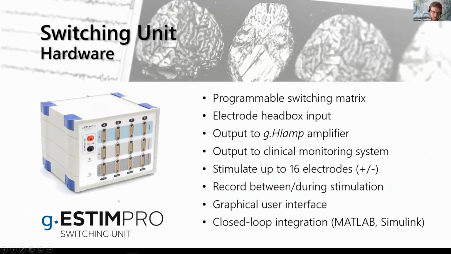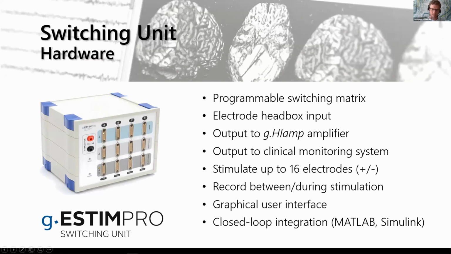Now, as I said, the most recent product we have is the switching unit. It's a programmable switching matrix where we have an electrode headbox input down here. You can see, so you connect the electrodes here to the switching unit, as you would connect to the g.Hiamp. We have two output sockets.